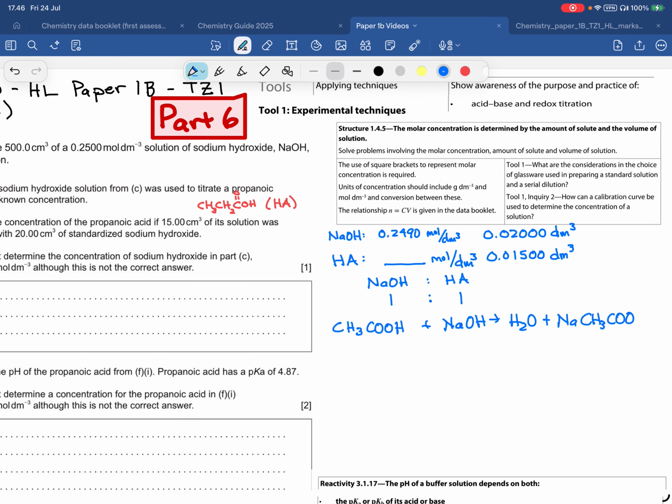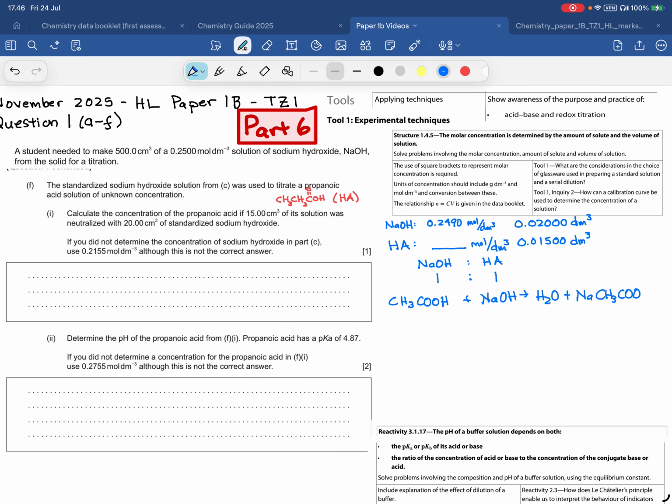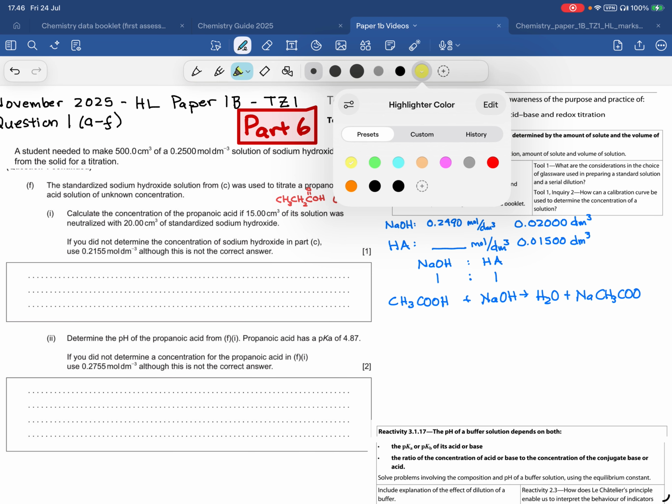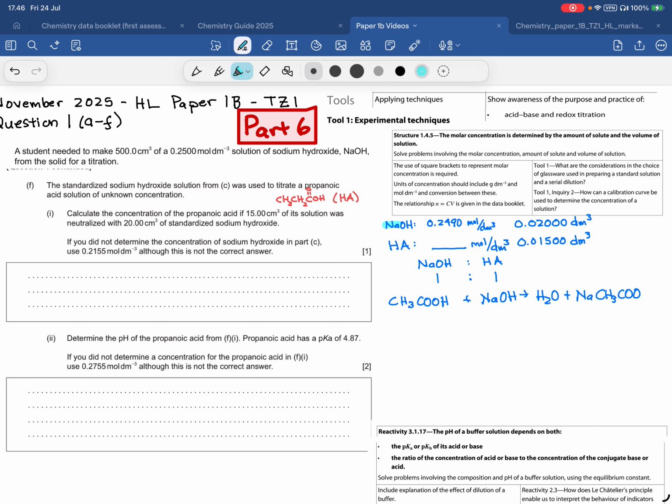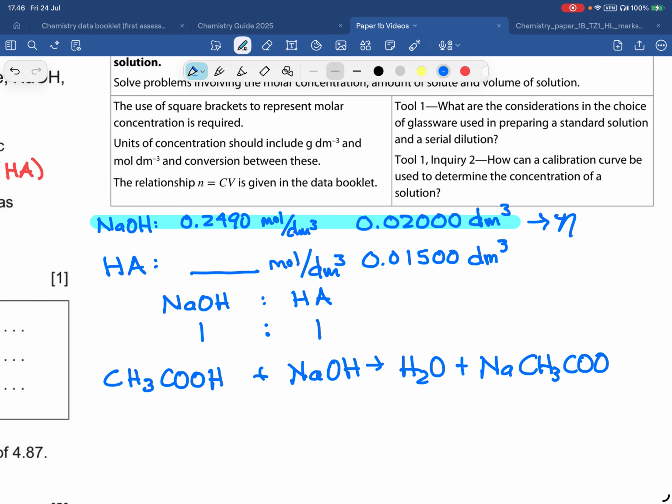Okay, now, what does that do for you? What it does for you is it says, essentially, if I can take this sodium hydroxide and I can turn that into a number of moles, then that number of moles of sodium hydroxide is also equal to the number of moles of propanoic acid, right?